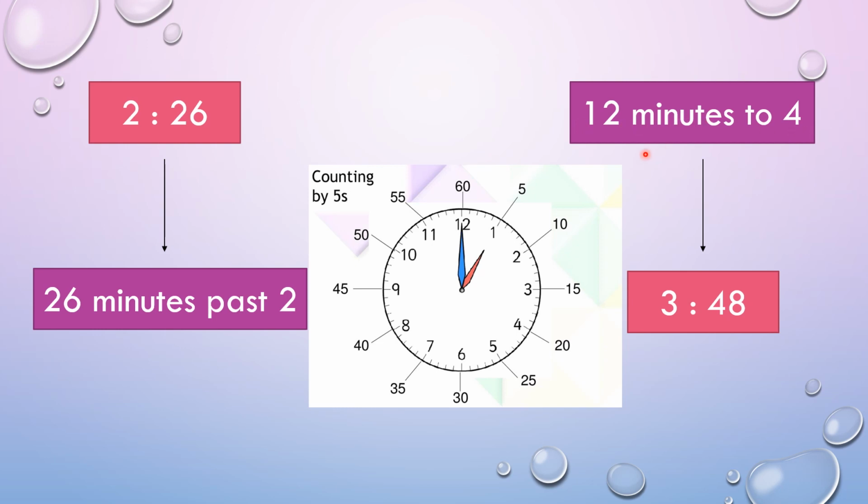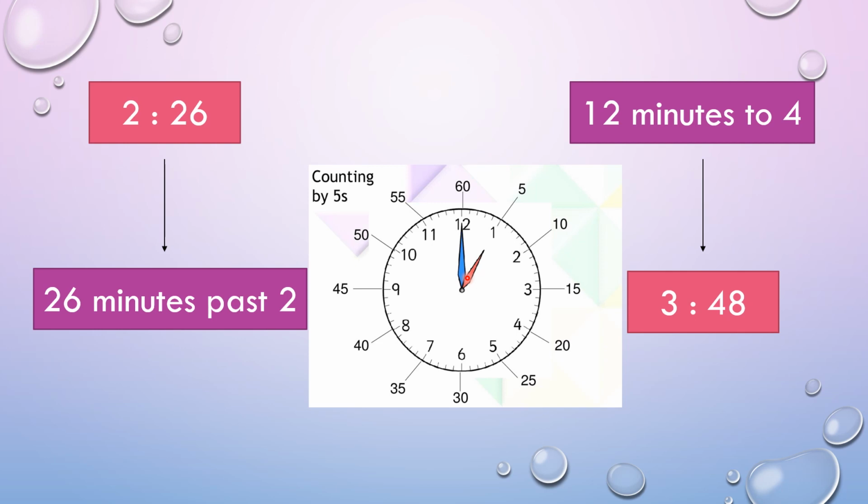There are still 12 minutes to become 4 o'clock. If you realize, 4 o'clock means the long hand will be at 12, correct? The short hand will be at 4.